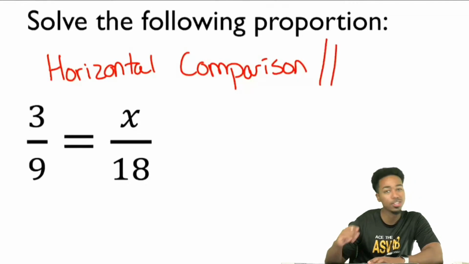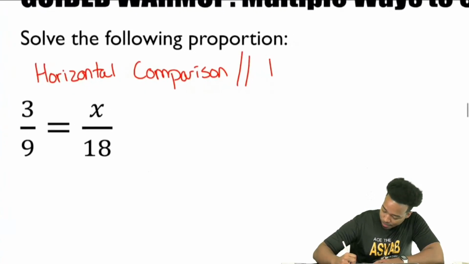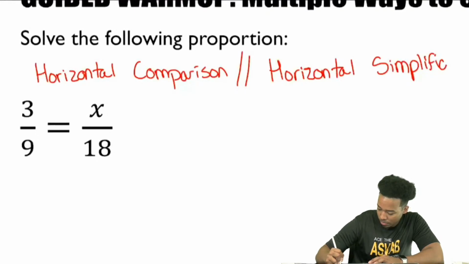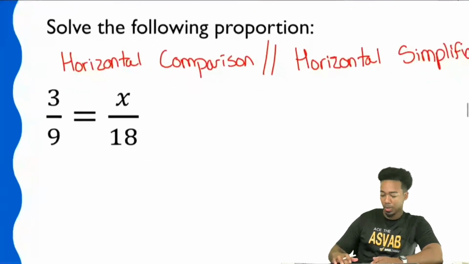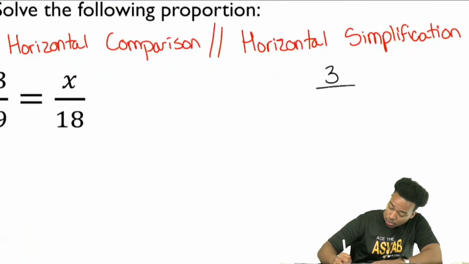And after this, we're getting straight into the word problems, and it's going to be a lot of fun from there. So here we go. Let's first start off by showing you how to do a horizontal comparison.